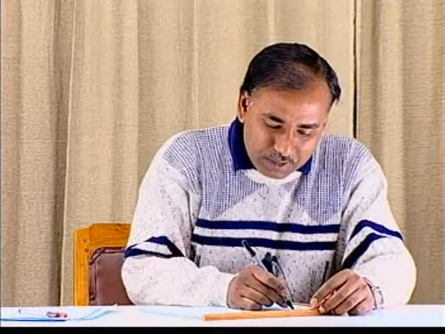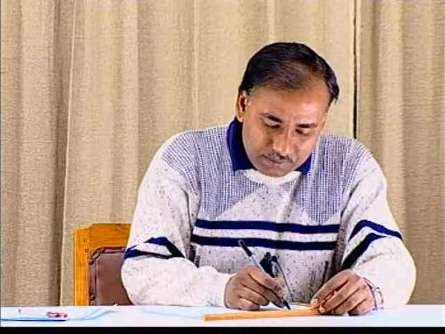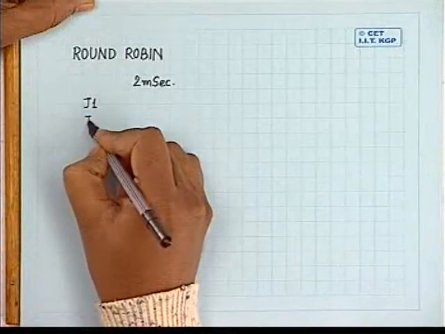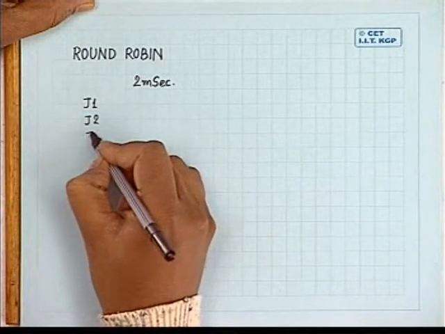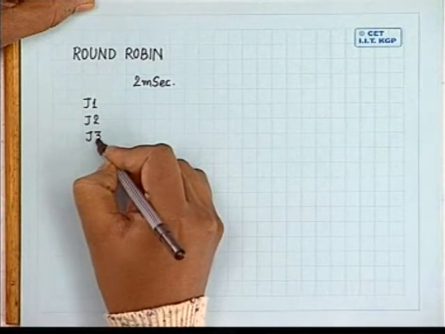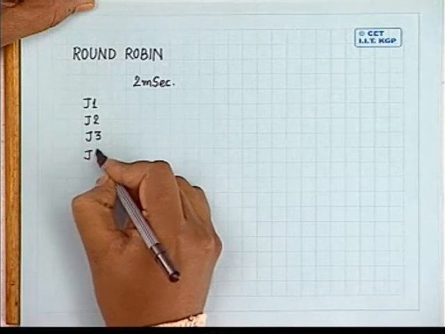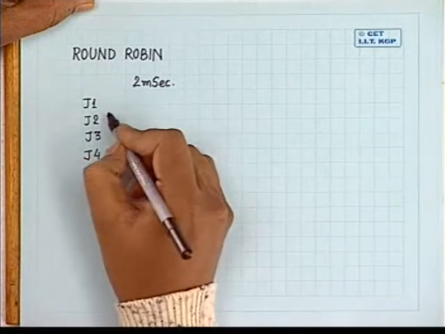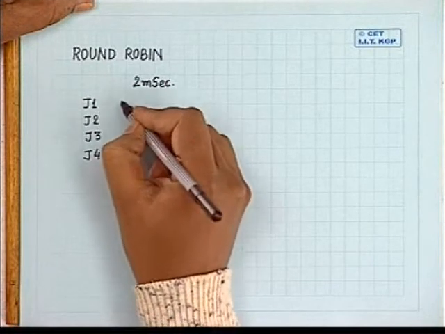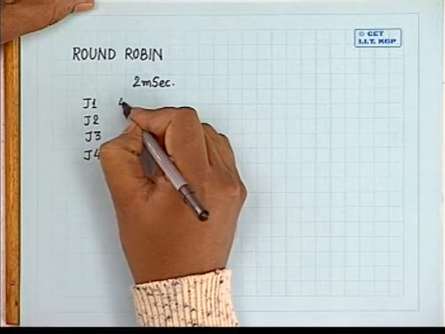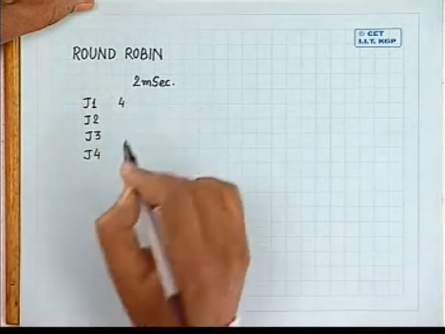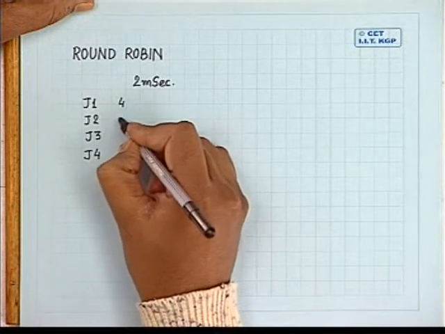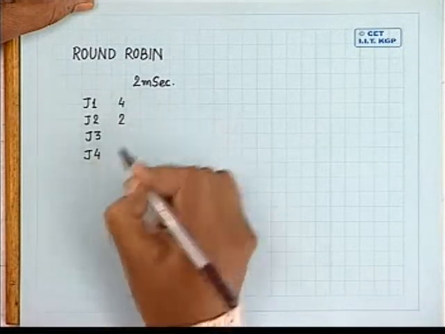So I have a situation like this. Coming back to a similar example, suppose I have jobs J1, J2, J3, J4. Job J1, let us assume, takes 4 milliseconds. Job J2 takes 2 milliseconds.